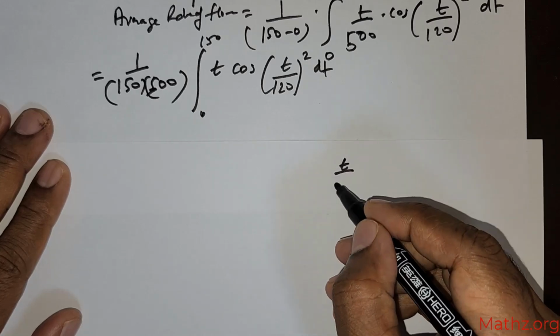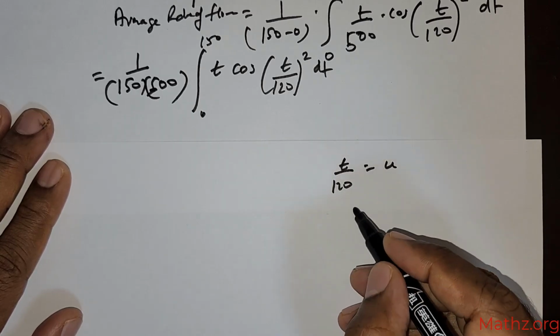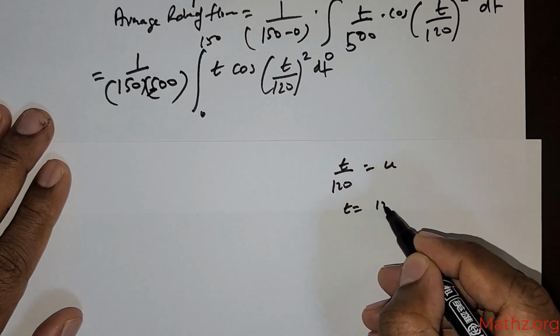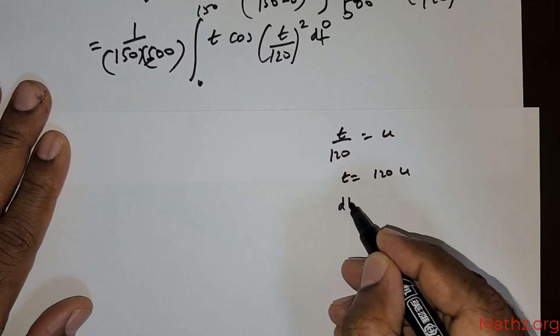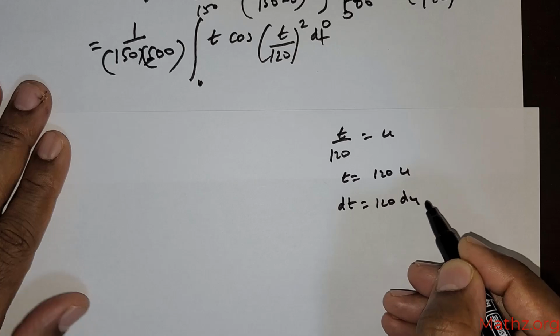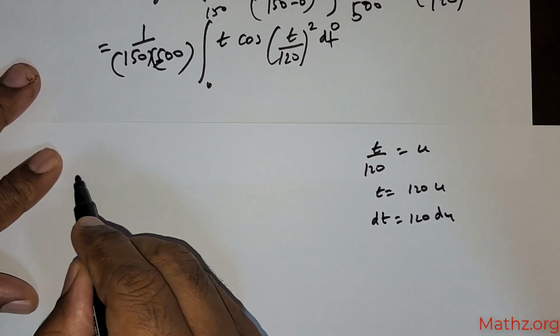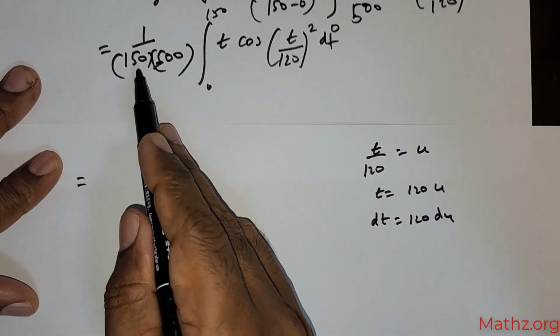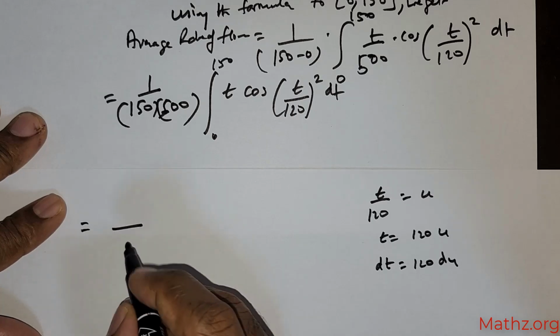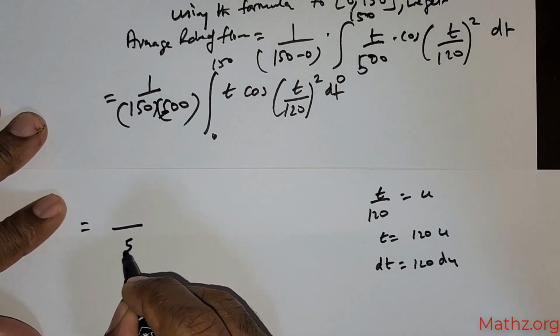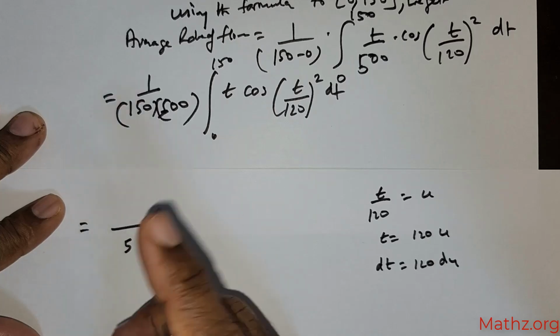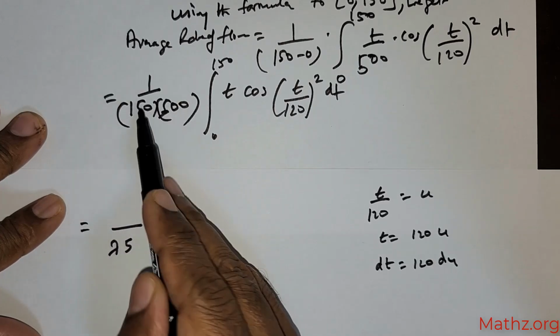I'm going to state t over 120 equals u. So t is equal to 120 times u, and dt is equal to 120 times du. So this is equal to 5 times 5, 25, 2 5s are 10, 1, 2, 3.